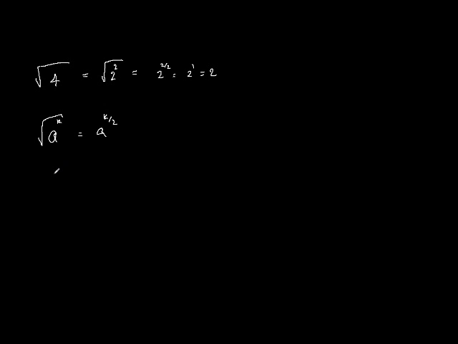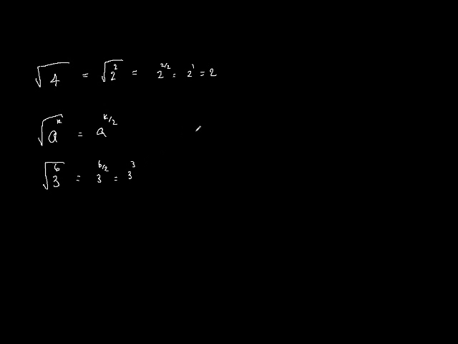An example of this would be the square root of 3 to the power of 6. Now 6 is an even number, so we're left with 3 to the power of 6 over 2, which is the same thing as 3 to the power of 3, and therefore the square root of 3 to the power of 6 is 3 to the power of 3.